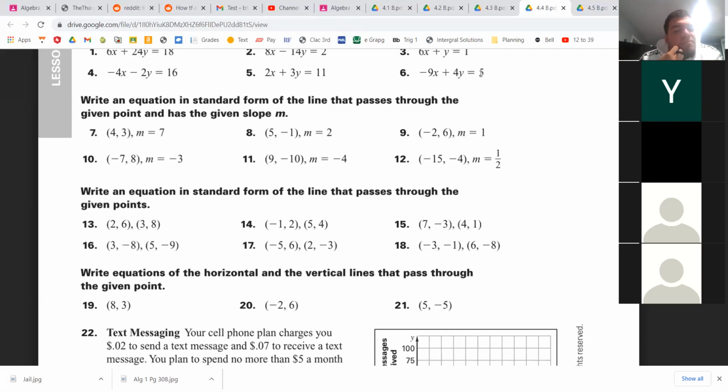No, because x was negative 3, so I did negative 3 for the x. No. It's going to be x, whatever your x value is. So if it was negative 3, it's x minus negative 3, which means it's x plus 3. I don't get that. You could use any number as long as you're consistent, though. So you have to use it from the same coordinate points.